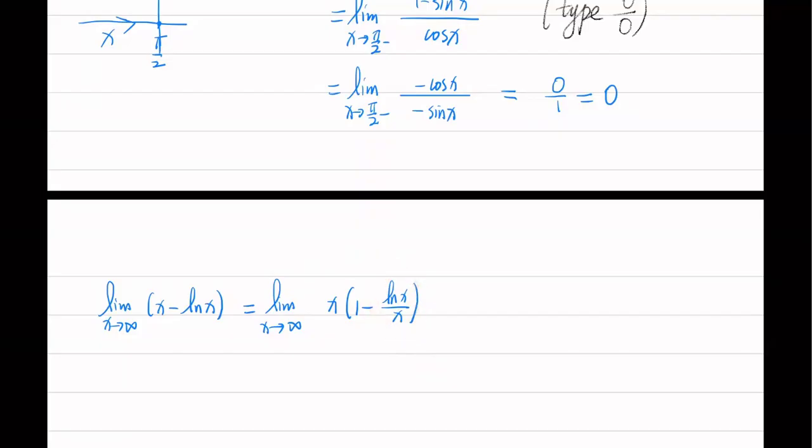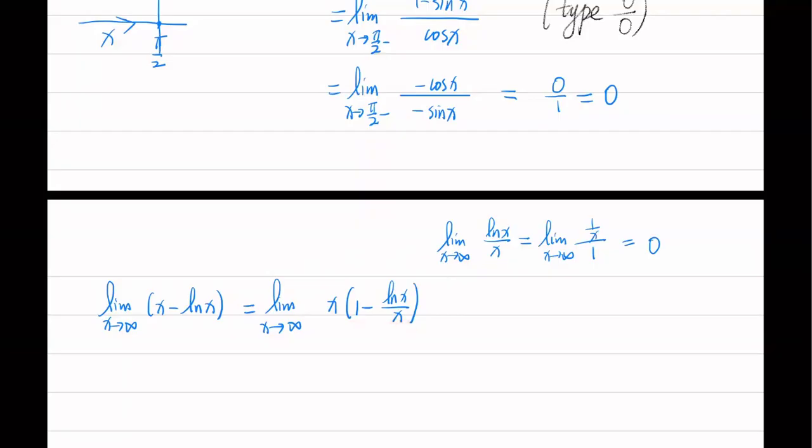Okay, so let's try to recall what's the limit. You want to apply L'Hopital rule. 1 over x over 1, and this is 0. So now, what's the limit of this one?